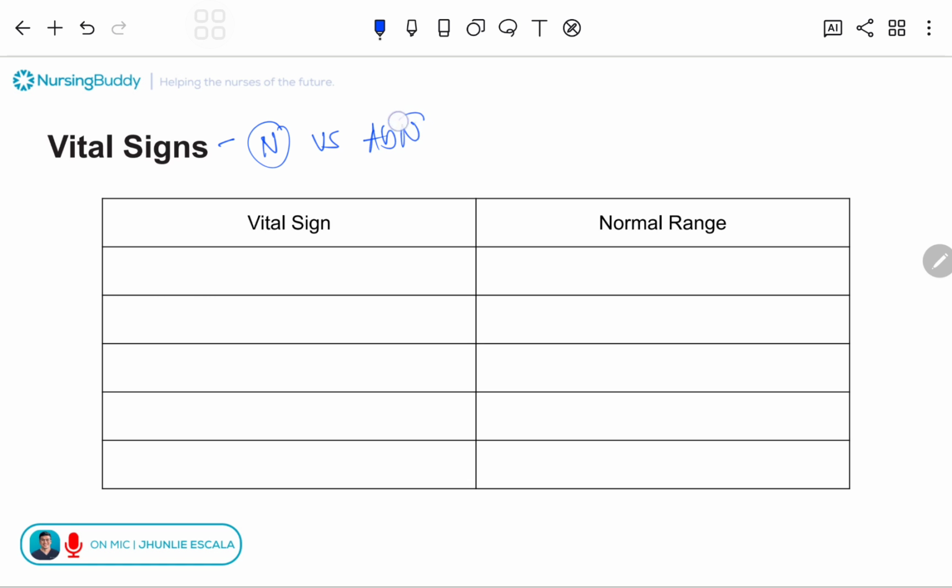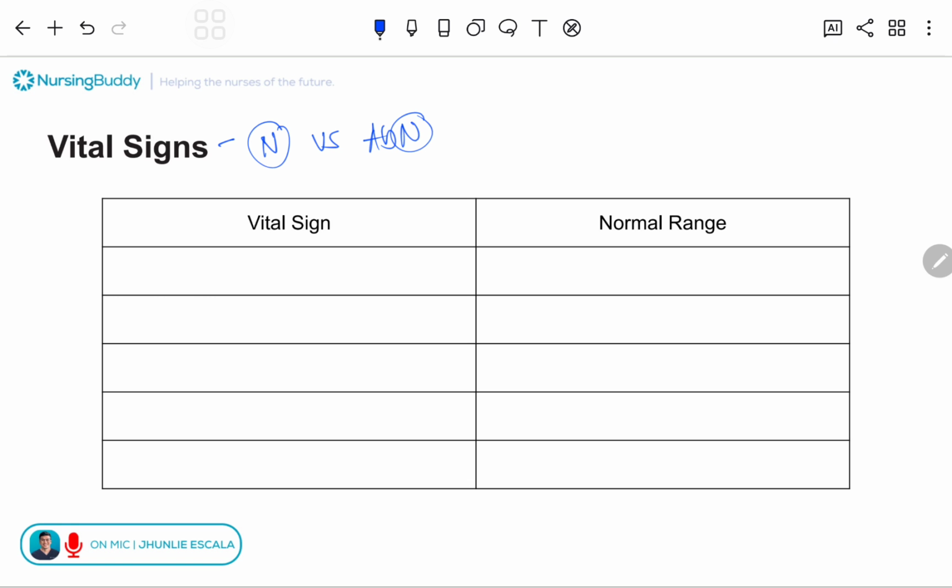Why? Because when we know what is normal and what is abnormal, we know when to respond, what our nursing action will be, and what the appropriate nursing plan is that we should be plotting, because if in the first place we don't know this, we have no next steps.